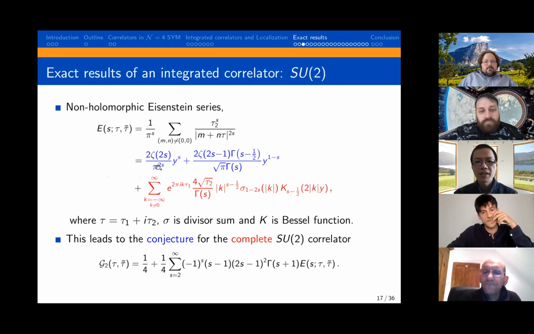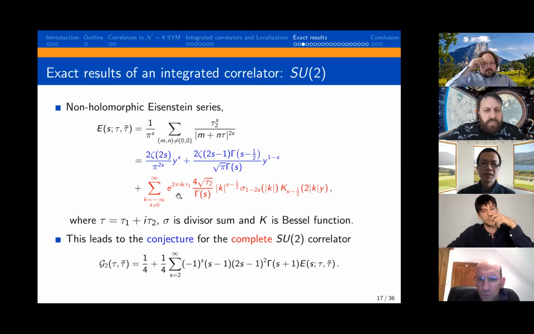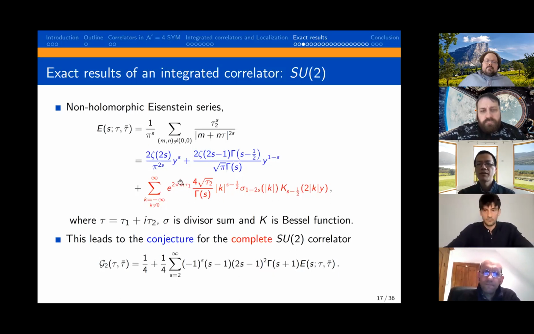No. So this is just a Fourier mode decomposition for any Y. It's not the expansion, I just take this result and do a Fourier mode expansion. But then why can you ignore these red terms? Oh, sorry. No, I'm not ignoring the red term.